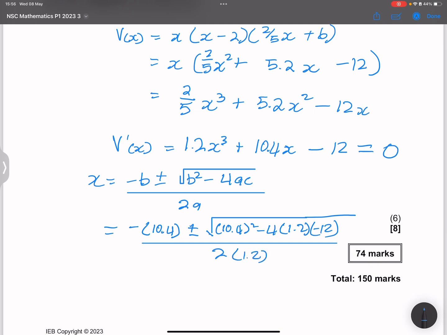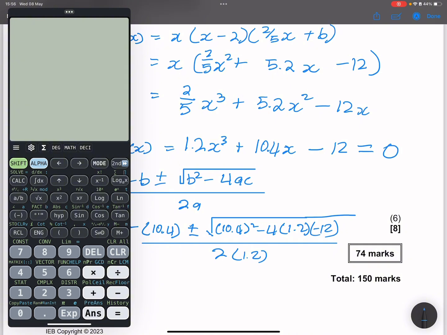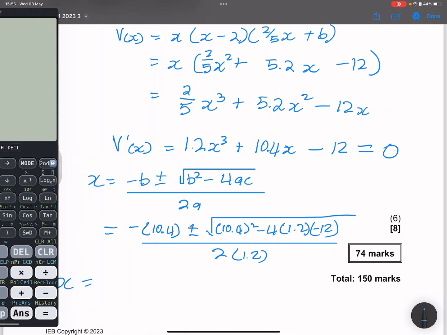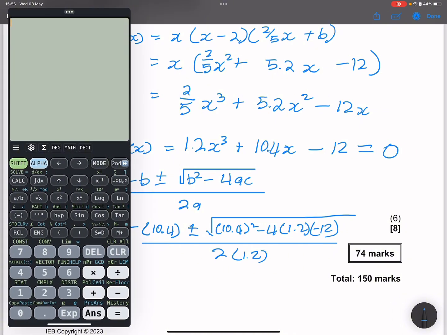So I've got two values. Let me try and get those values. So I've got negative 10.4. In fact, let's do this so that it will be easier for us.